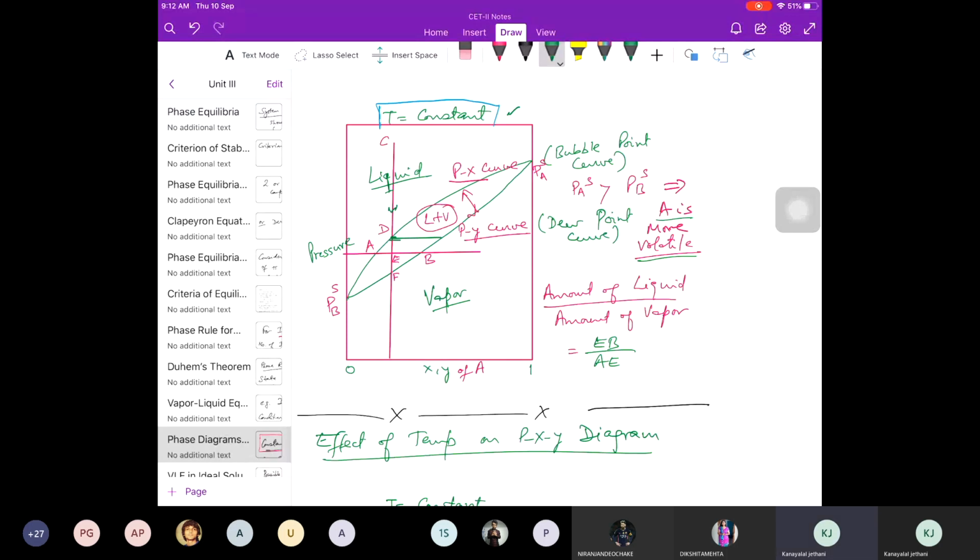So this is the liquid composition, this is the vapor composition. So when temperature is given and we have to find a pressure, this is the Y curve, this is again bubble point curve. समझ में आया?